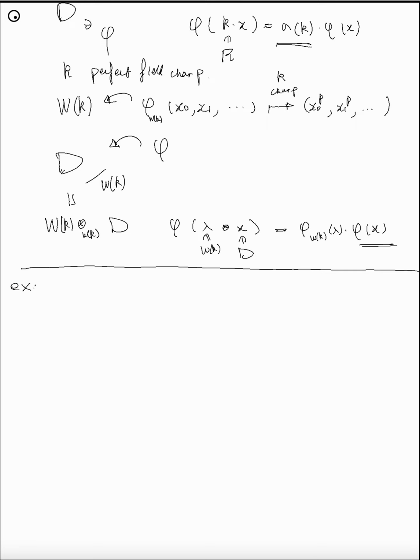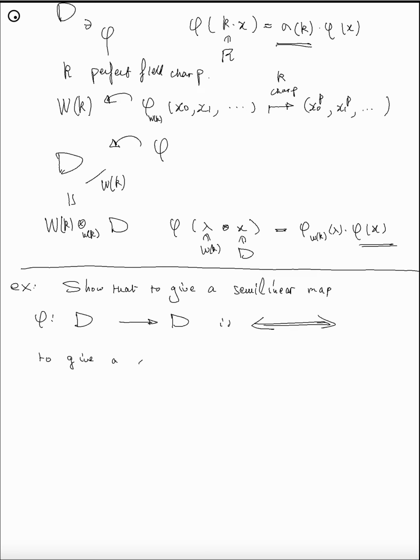The exercise is to show that to give a semi-linear map phi, not necessarily Frobenius, some semi-linear map, where D is a free module, is equivalent to giving a linear map. This linear map is defined as follows, which is called the linearization of phi.